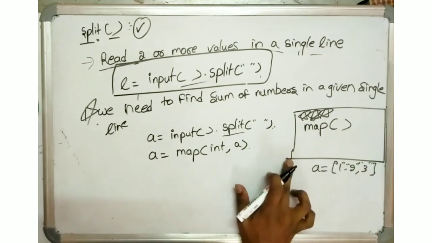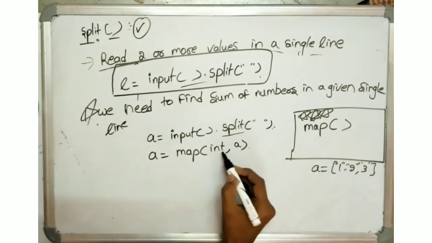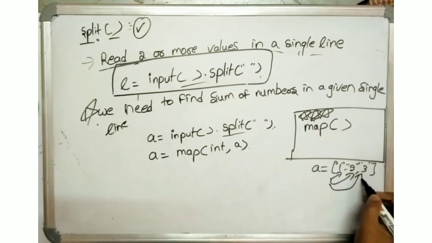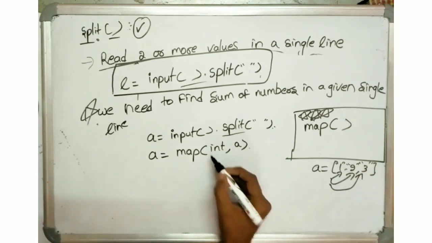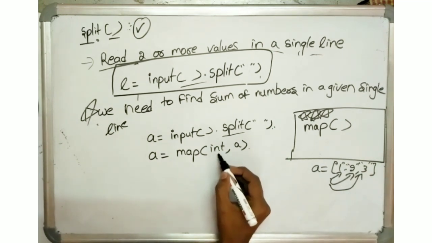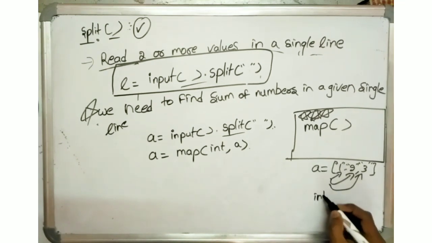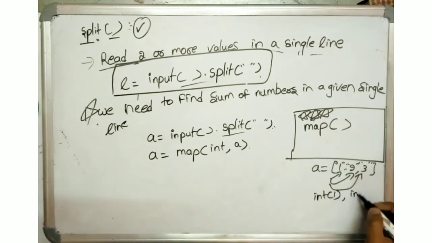What this map function does is it takes the first argument and maps it with every element in the second one. That means here we have int. It maps with every element in A, like int of 1, int of 2 and int of 3.